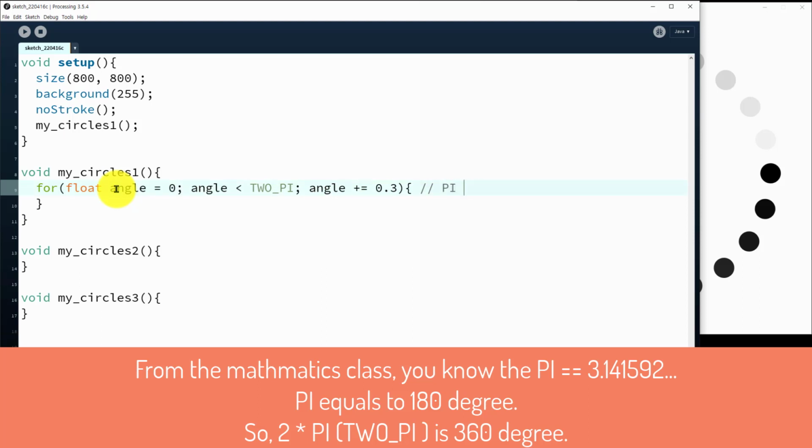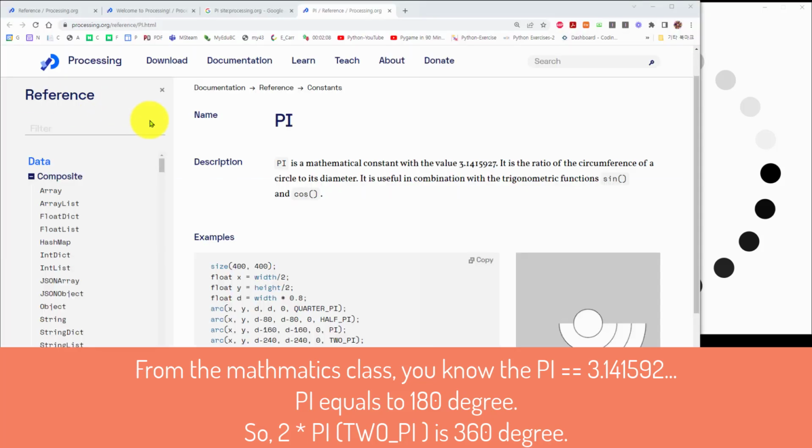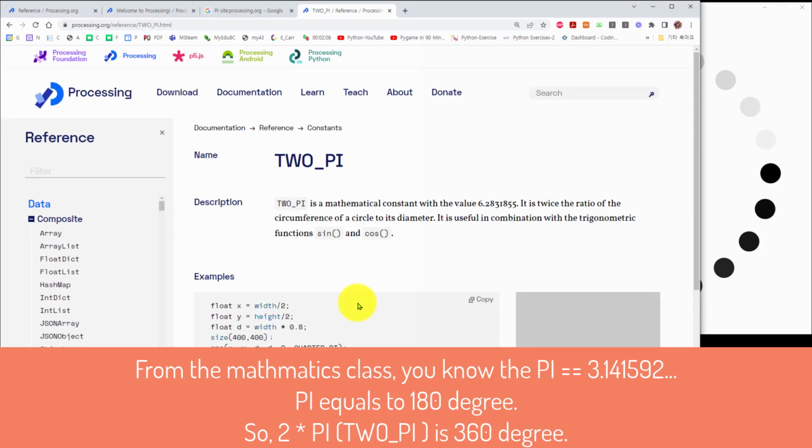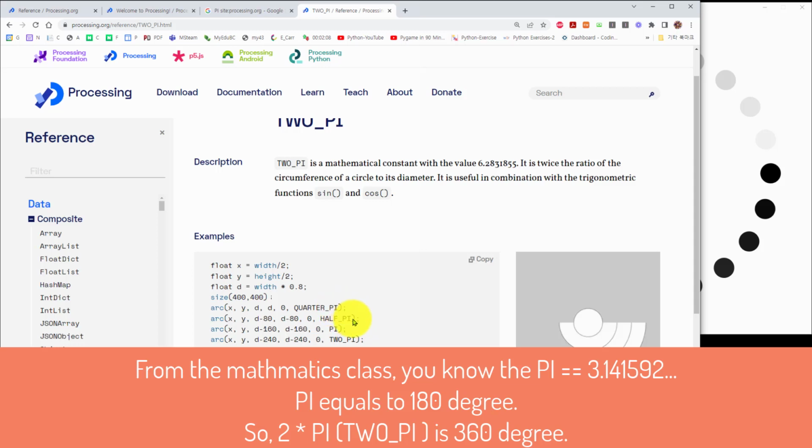Pi is around 3.14. In Processing, we have several symbols to use pi: pi, 2 pi, half pi, quarter pi.